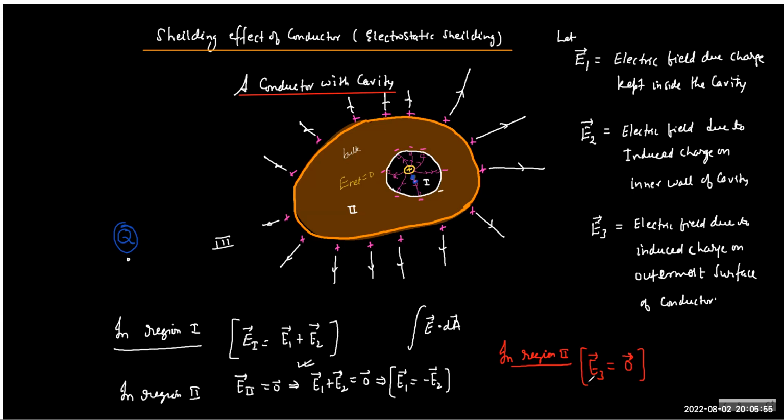So in region 2, E3 is also 0. In fact E1 plus E2 plus E3, the sum, is 0. But E3 is independently 0, and E1 plus E2 is 0 together, not individually. So if I ask you at this point, what will be the direction of the electric field at this point due to the induced charge on the inner wall? Can you find the direction of the electric field at the point P due to the induced charge on the inner wall?